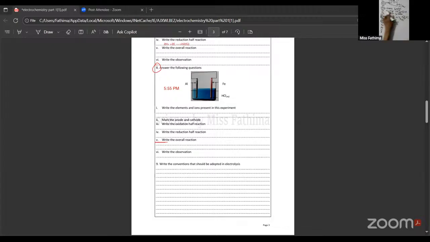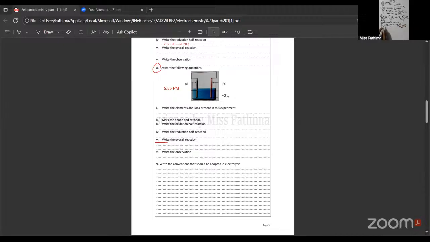Then 2 aluminium solid plus 6 electrons, 6 electrons plus, sorry, not 3, 2 aluminium 3 plus equals. This will become your third equation, right?